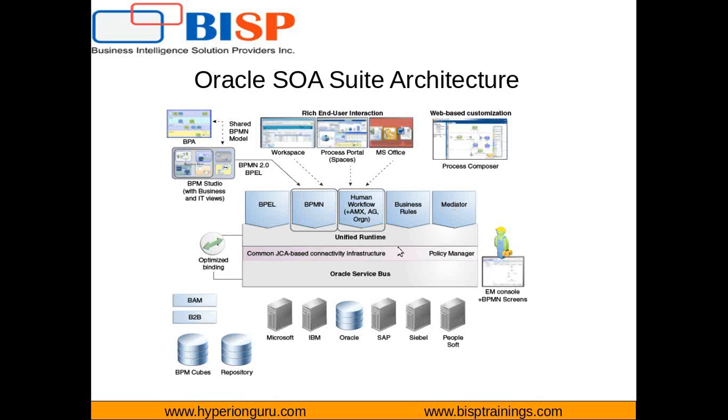And human workflow for enabling approvals, where you have a workflow which will identify approvers and get workflows completed. So on the SOA Suite architecture, these are some of the components. You have BAM, which helps in generating reports for any application that we are running, based on our configuration. You have an EM console to manage it. As per our SOA standards, if you remember, we should be able to monitor and manage as well.